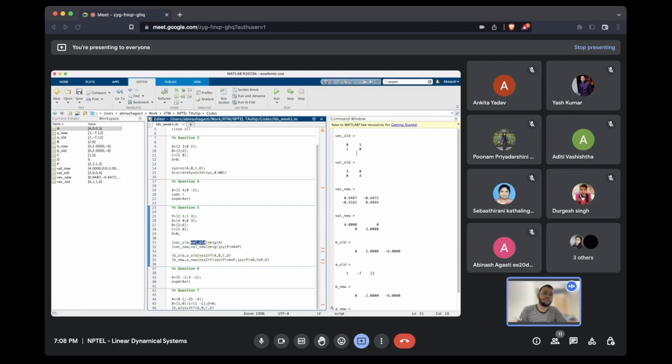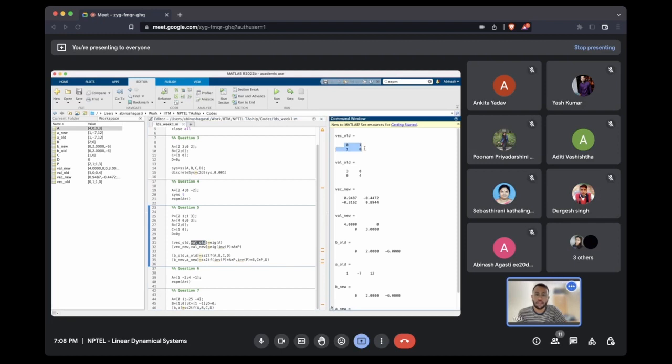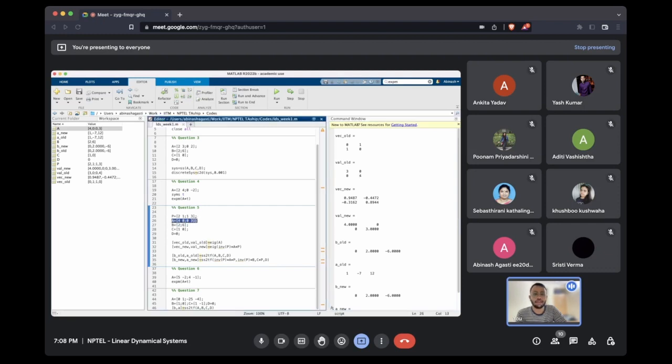So if you see, of the old system, that is without the transformation, that is x dot equal to Ax plus Bu, the general system, this is the eigenvector matrix. 0, 1 is one eigenvector, 1, 0 is another eigenvector. Now the corresponding eigenvalues are 3 and 4, because you see this is just a scaling on the identity matrix.